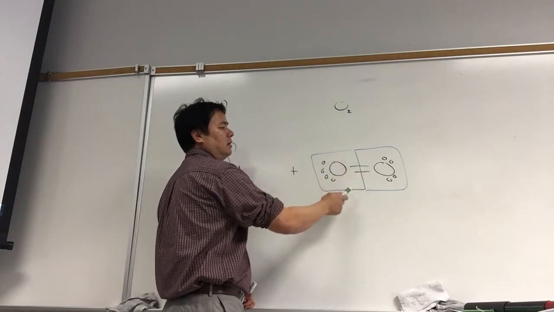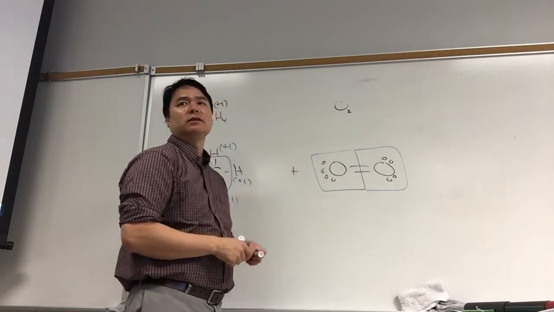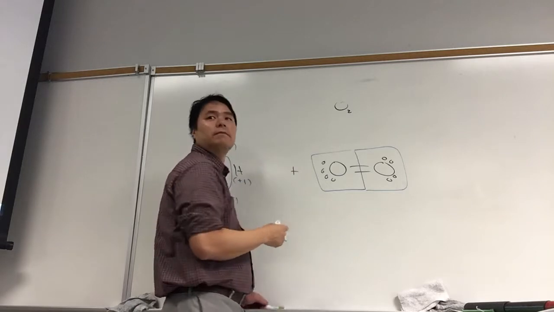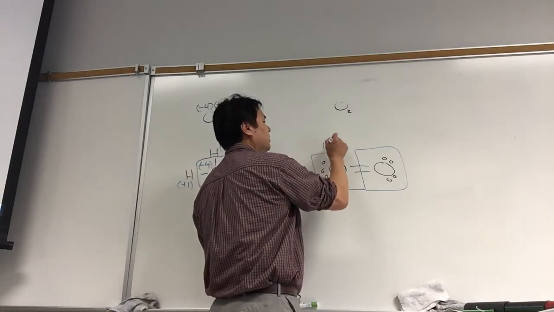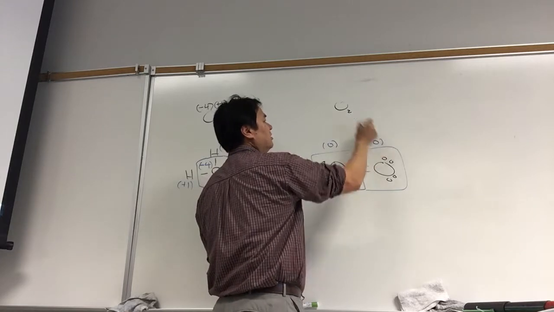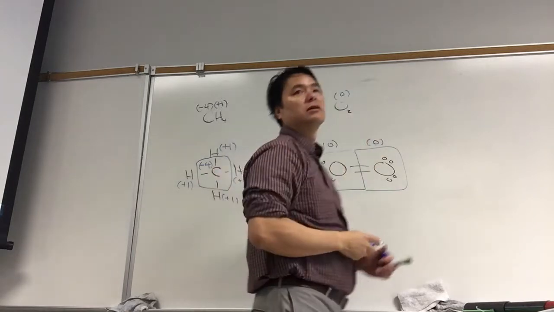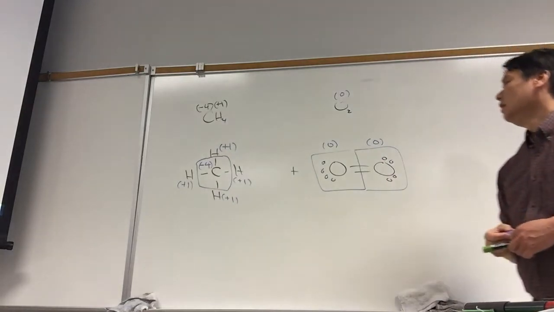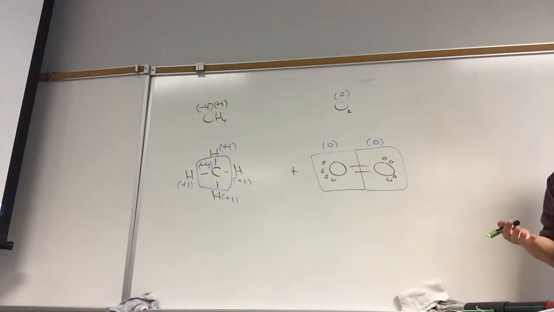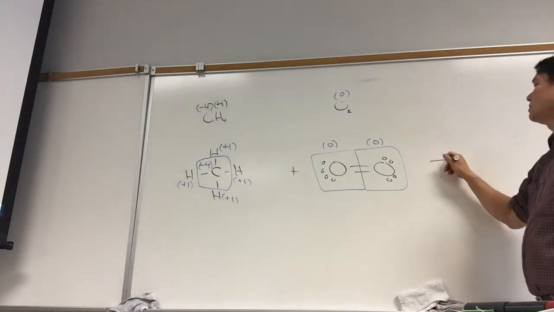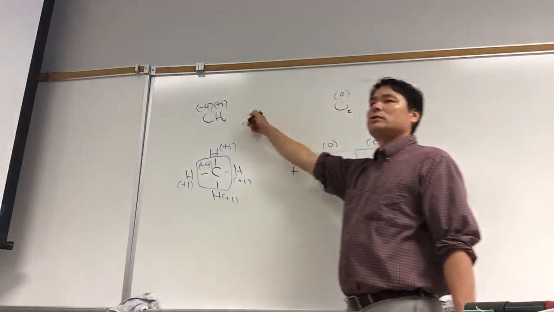Each one has 6 electrons. It's supposed to have 6 electrons, so we end up with 0. This is assigning oxidation states based on structure. This is assigning oxidation states based on the rules in the book.